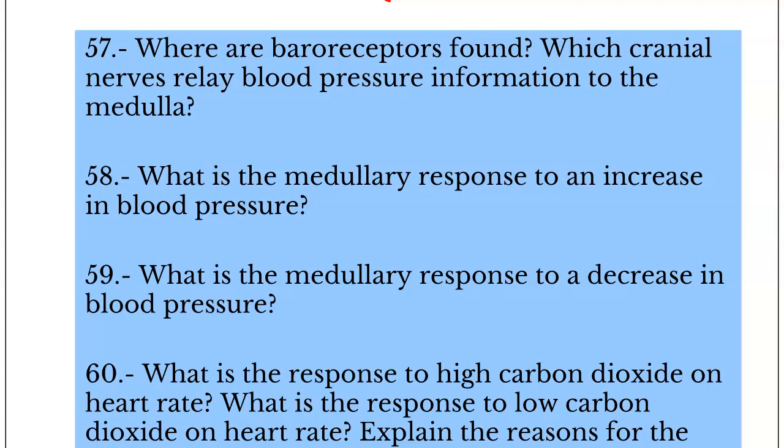Now, we haven't talked about the chemoreceptors, but the chemoreceptors are going to detect changes in pH and in carbon dioxide in the blood. So if there is an increase in carbon dioxide in the blood, the response is going to be to increase heart rate in order to pump more blood to the lungs and breathe the carbon dioxide out.